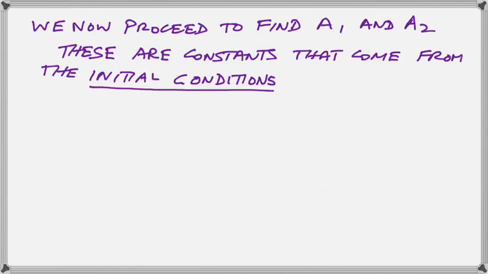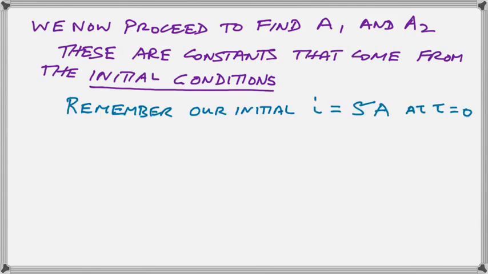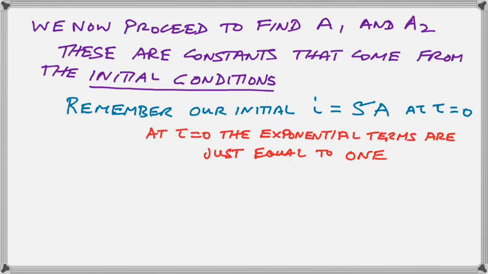Now we can proceed to find the A1 and A2. These A1 and A2 that appear in all our differential equation solutions are constants that only depend on the initial conditions. So let us see how we find them. Our initial current was 5 amps at t equals 0. At t equals 0, the exponential terms all become 1 because any quantity raised to a power of 0 is 1.